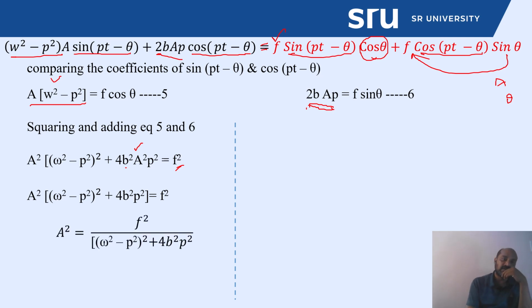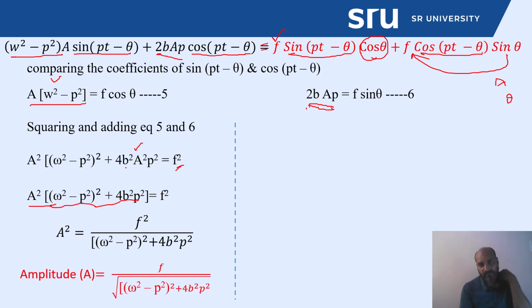Now I can write the equation for A square, so this entire term becomes the denominator of F square. Taking the square root on both sides, A equals F divided by the square root of ((omega square minus p square) whole square plus 4b square p square). So this is the value of A, and A is calculated.